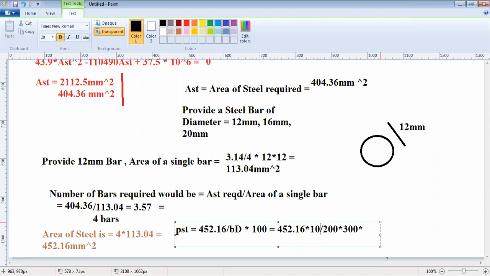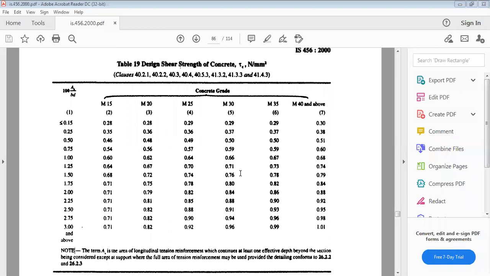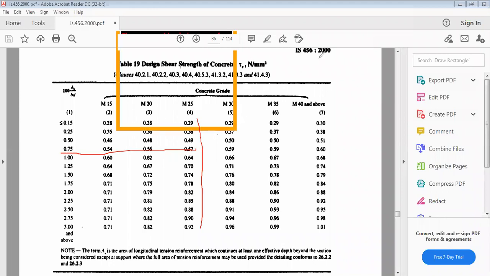So we solve this, and it comes to 0.75%. So from this 0.75, corresponding to 0.75, it will be 0.57.